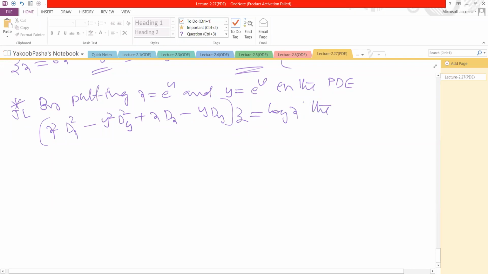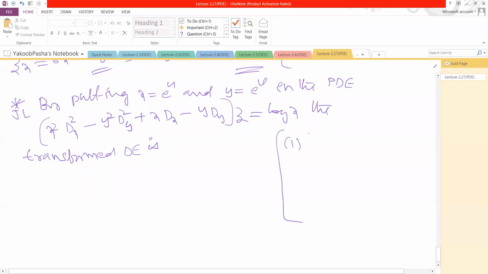The transformed differential equation is, okay, we have options. With the help of options we can easily find it.